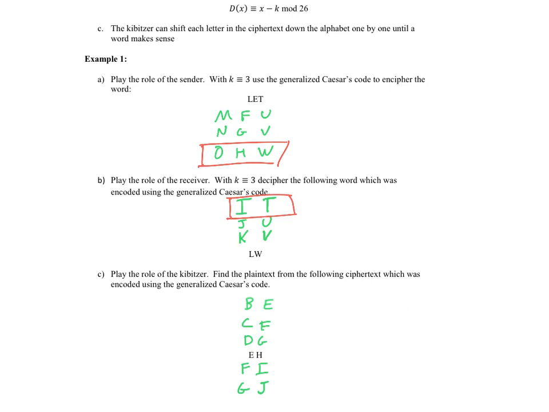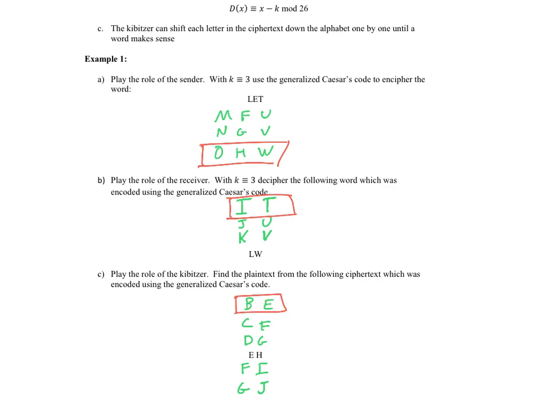So if we put this all together, we have a little bit of a quote here. We have let it be. Now you could argue that maybe the kibitzer had noticed a word already, and there could be other 2-letter words, but hopefully in the context of whatever the message might be, the kibitzer is able to figure it out.